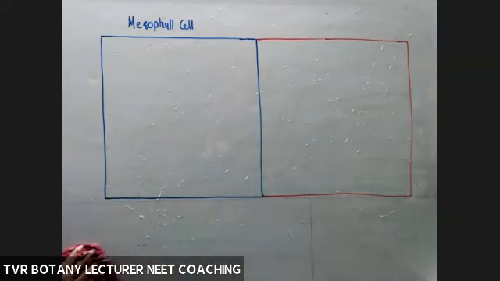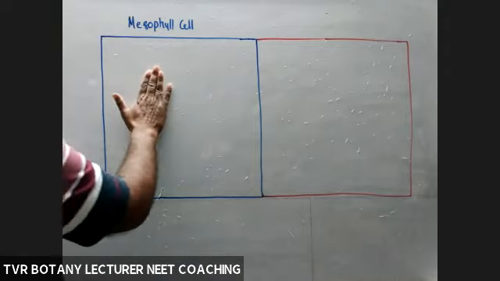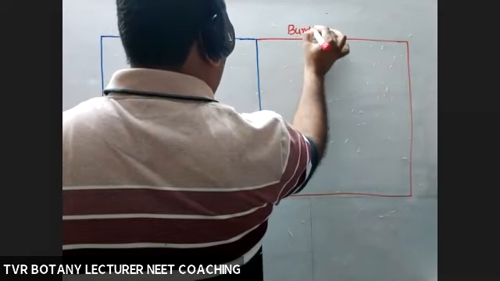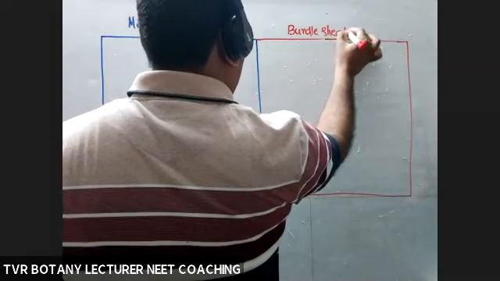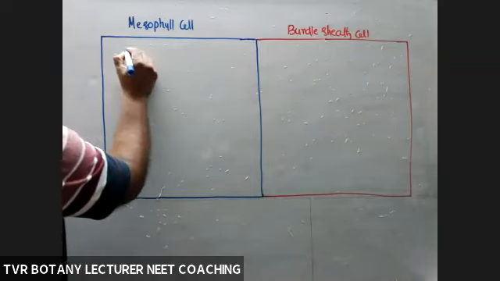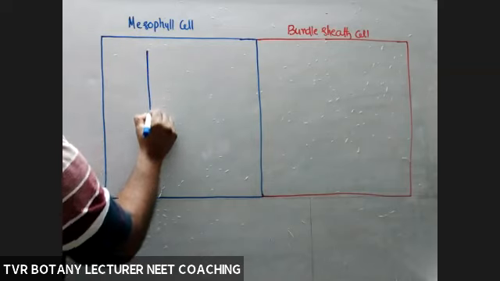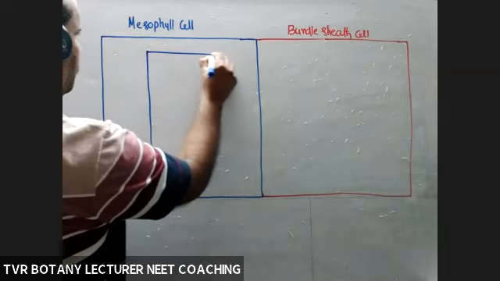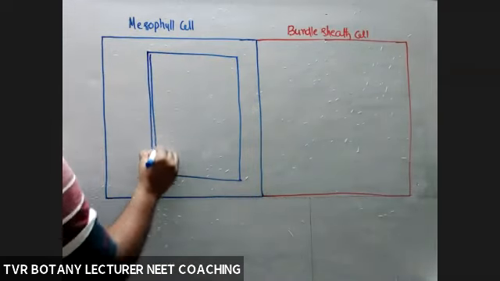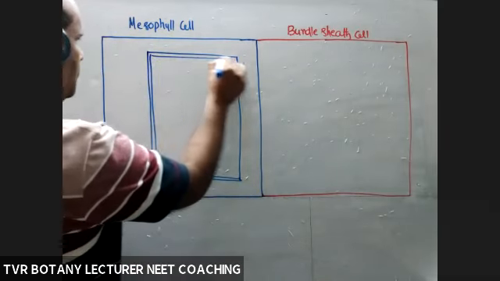So now, what are the events within these two types of cells? This one is a mesophyll cell, and this one is a bundle sheath cell. These two are required for completion of a C4 cycle. So within the mesophyll cell, what is the type of chloroplast? This is a chloroplast, dummy diagram only. This chloroplast is granal type.